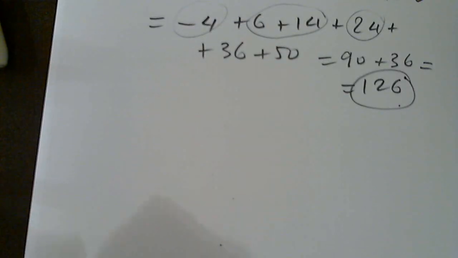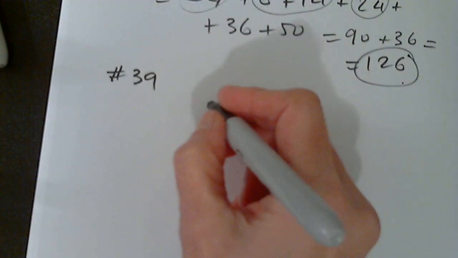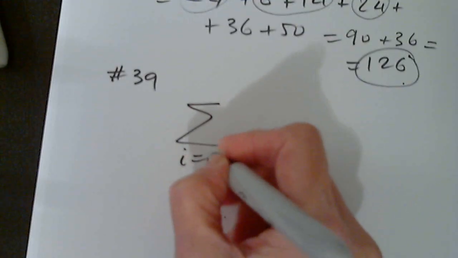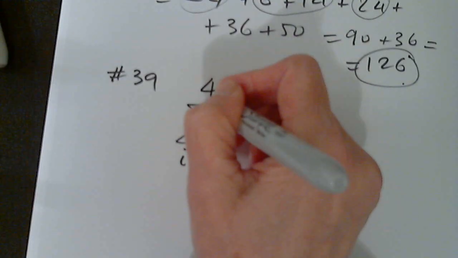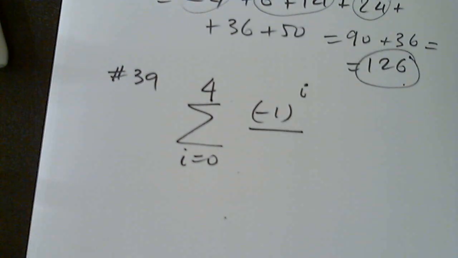You choose the next one. 39, the sum from i equals 0 to 4, of negative 1 to the power i. So the indices can be i, j, or k. So don't get upset if you see i, or don't get startled that it's k and it's j. No, it can be anything. Okay, so from i equals 0 to 4, of negative 1 raised to i over i factorial.